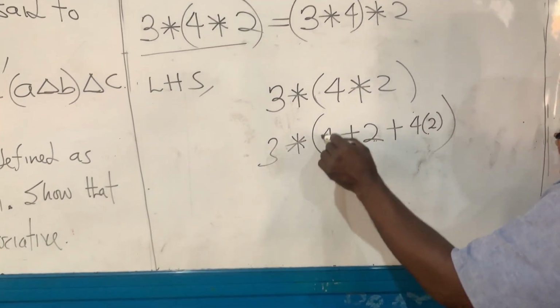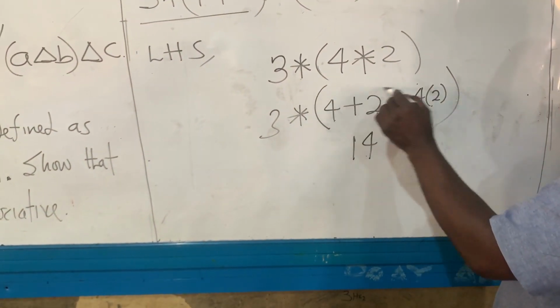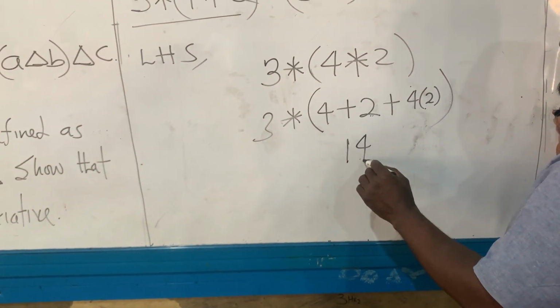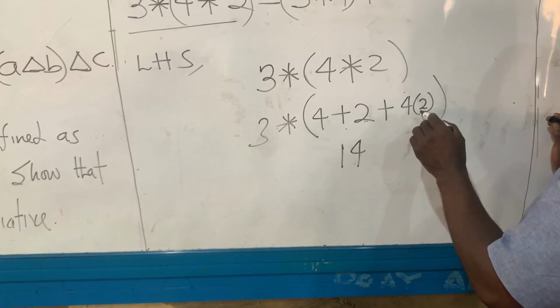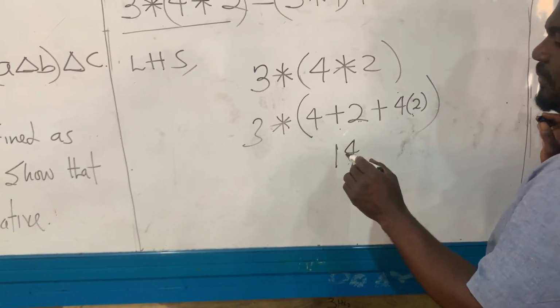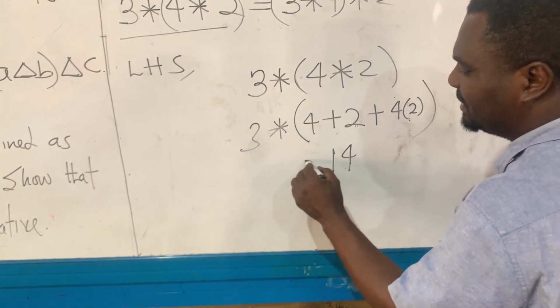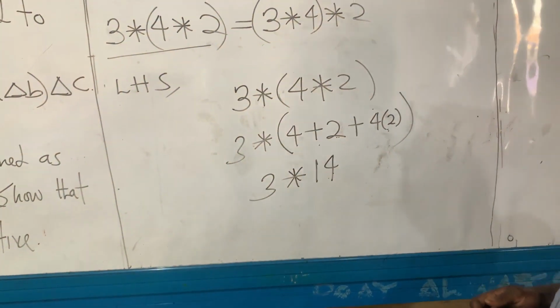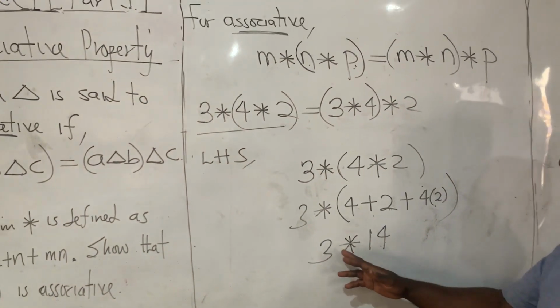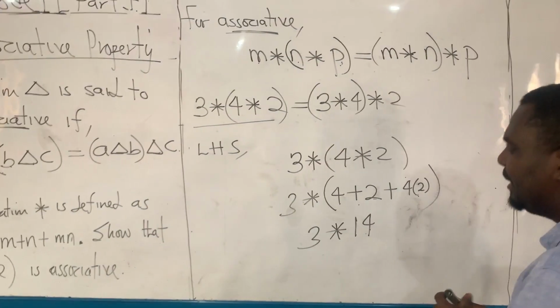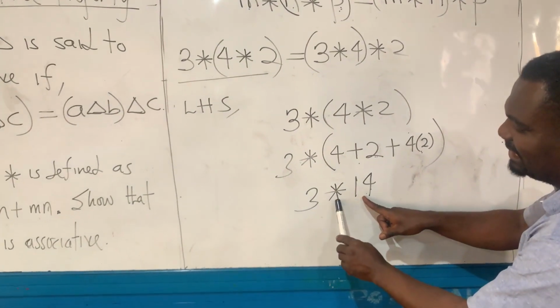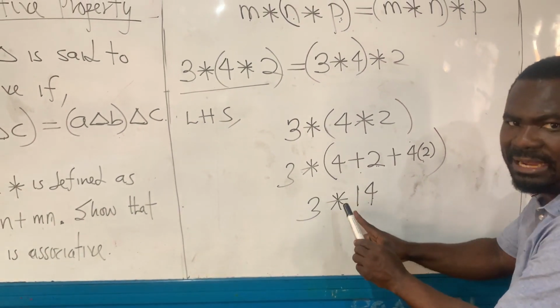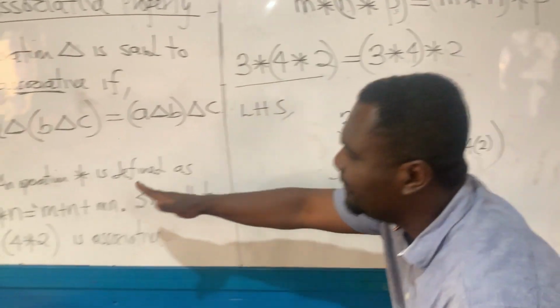So now I'm getting the whole of what is inside the bracket as 14, because 6 plus 8 gives 14. So now 14 star 3. So everything has been left with what? 14 star 3. Then once the 14 star 3 has formed another binary, I'm going to use my formula again.